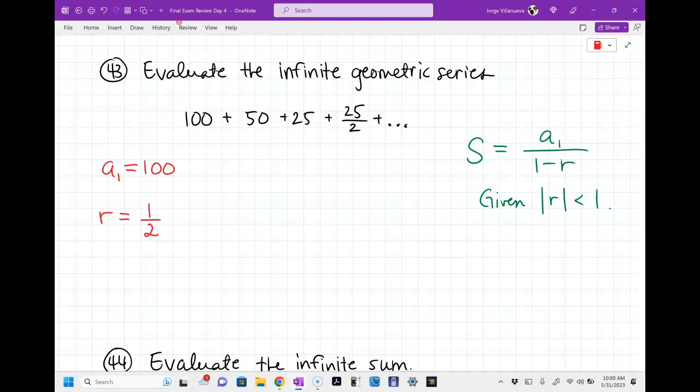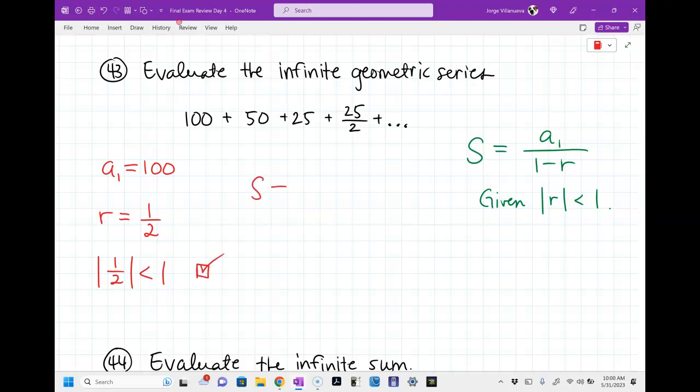Okay, so it's half. Again, if you have a hard time figuring that out, just do 25 divided by 50. That's half. 50 divided by 100. That's half. It's going to give you the answer, right? Just divide it. So, is it true that the absolute value of half is less than 1? Yeah, so that checks out.